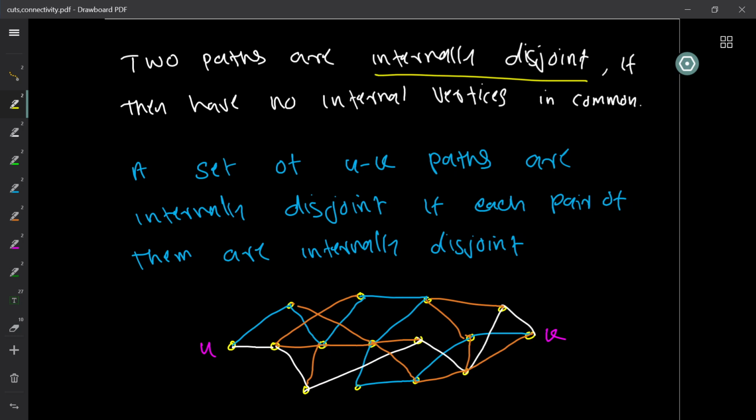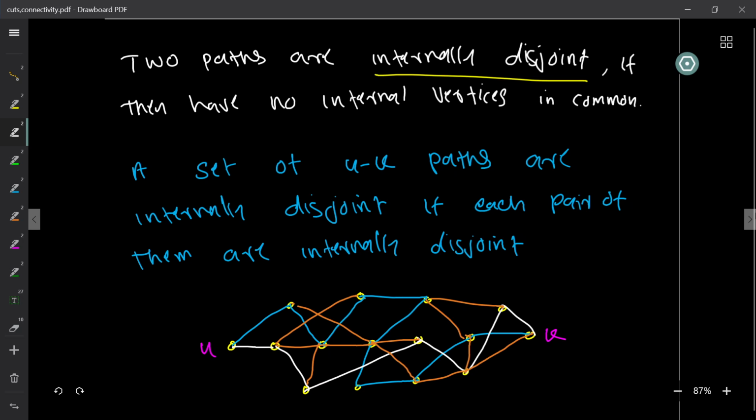So two paths which are internally disjoint necessarily form a cycle, right? If they have common endpoints, they form a cycle. If they don't, then of course it's not.